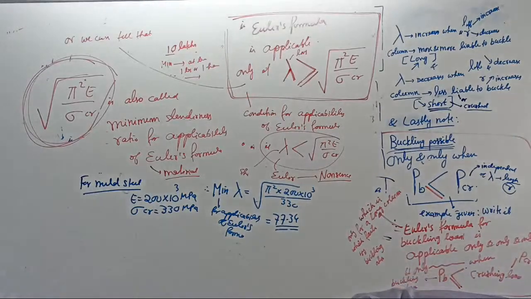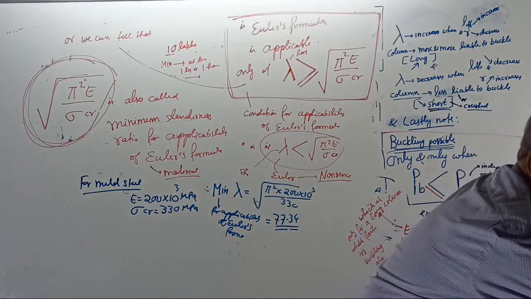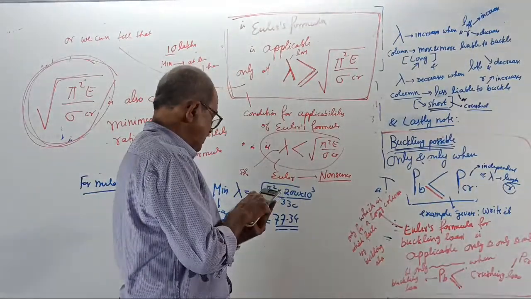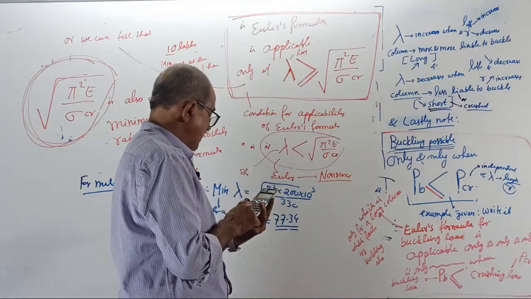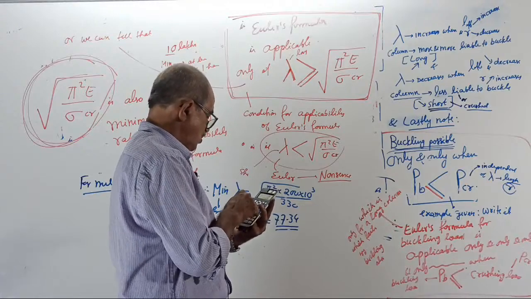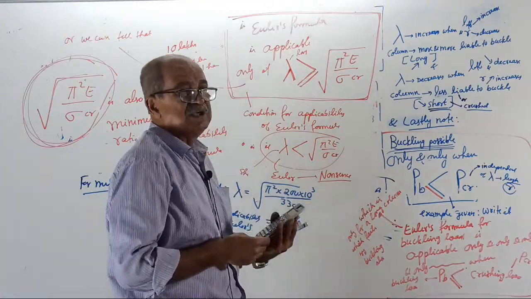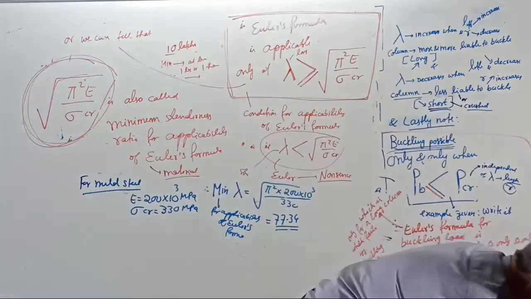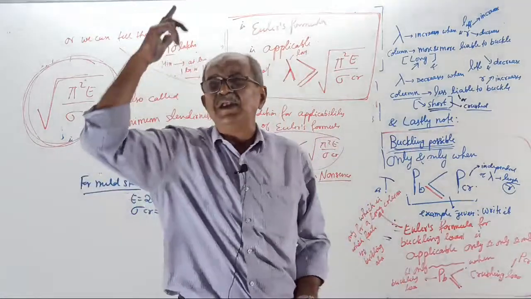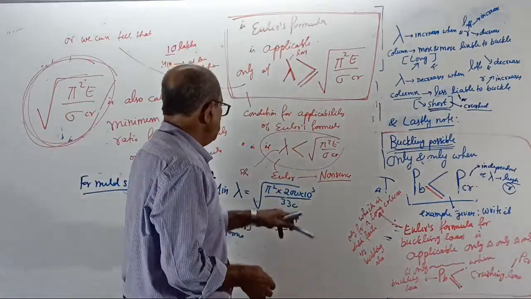Then pi square into 210 into 10 to the power 3 by 330, equal to root of the answer, comes to 79.25. That's why I remember olden days. But it is 200 now.